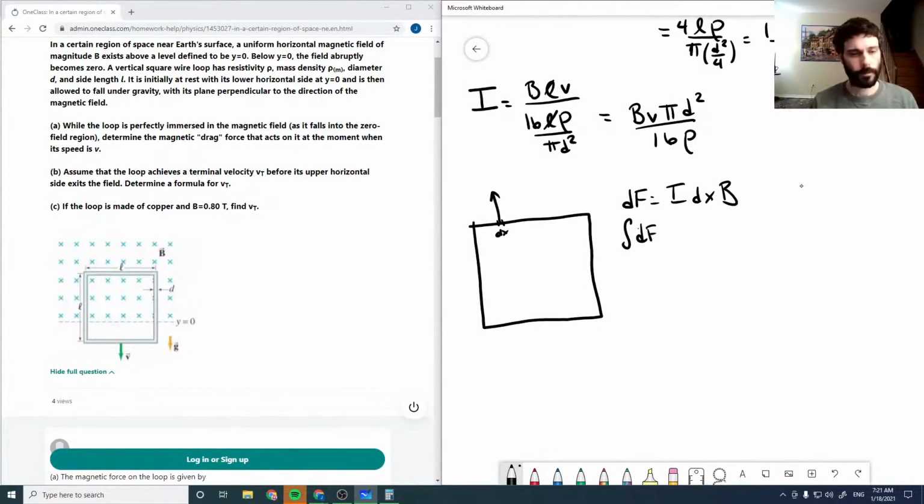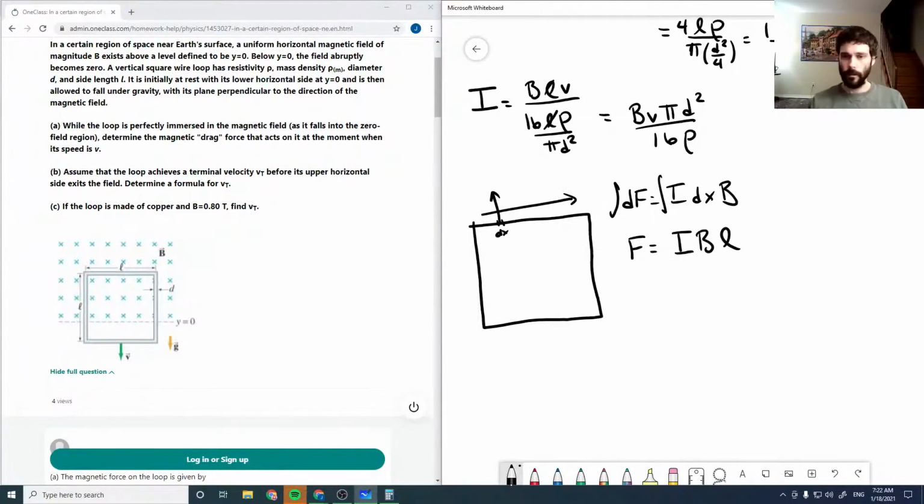If we look at the force just along the top, then we're going to integrate over the length. So our force is just going to be I B L, so we're just integrating over that length.